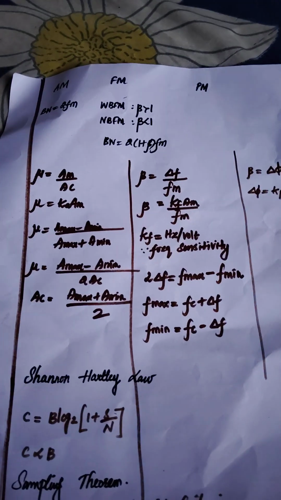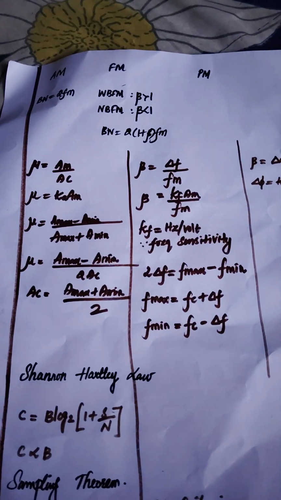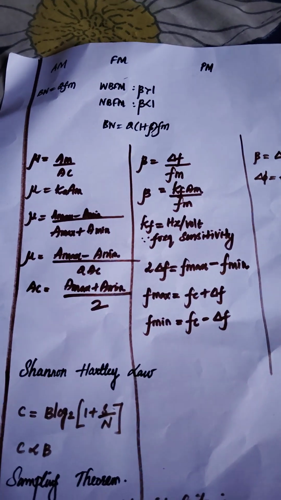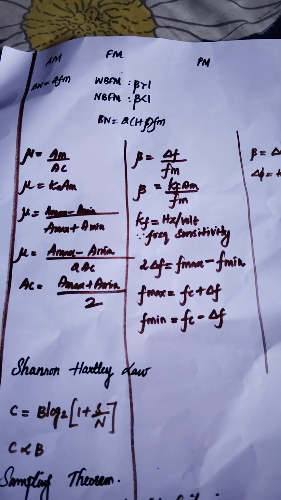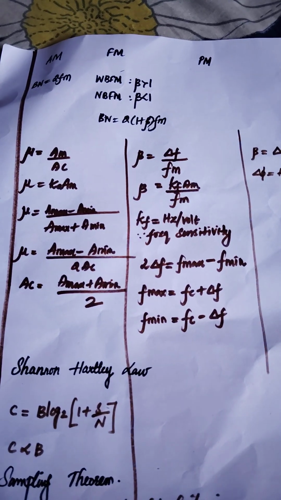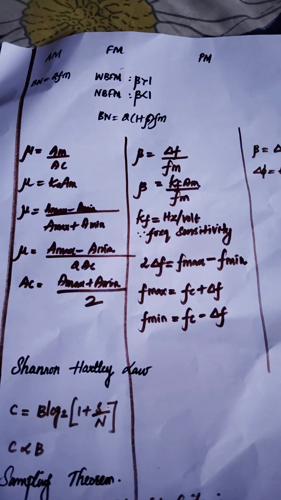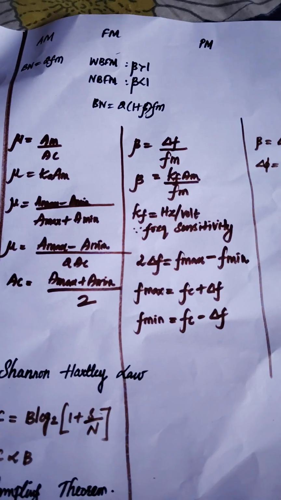Let's get into the difference between amplitude modulation, frequency modulation and phase modulation under the modulation index. Under amplitude modulation, the modulation index mu is equal to AM by AC, and one more formula, mu is equal to Ka into AM.